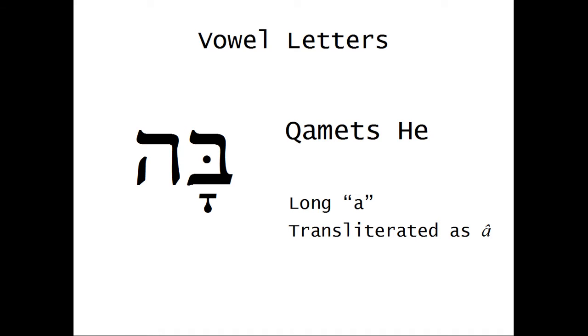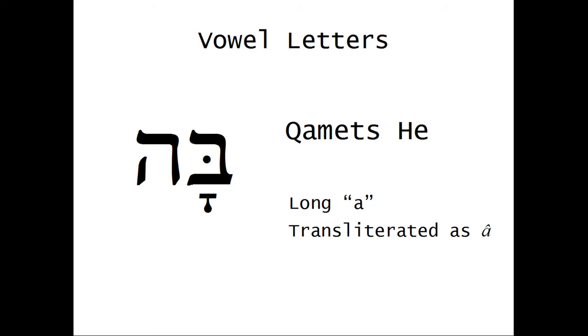As far as the sound of it, indistinguishable from the qamets, but you will want to note in the text that it has a different appearance, which is also represented in the transliteration by putting that A with a caret above it rather than the macron of the long vowel transliteration scheme.